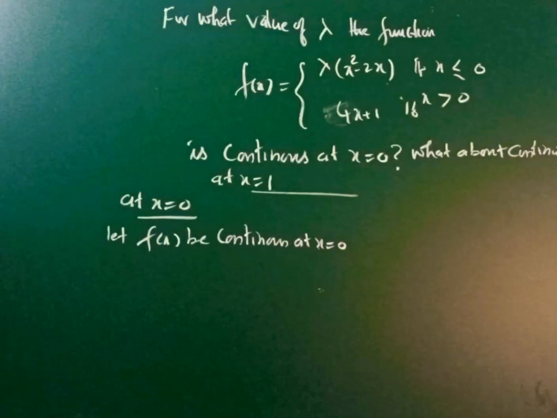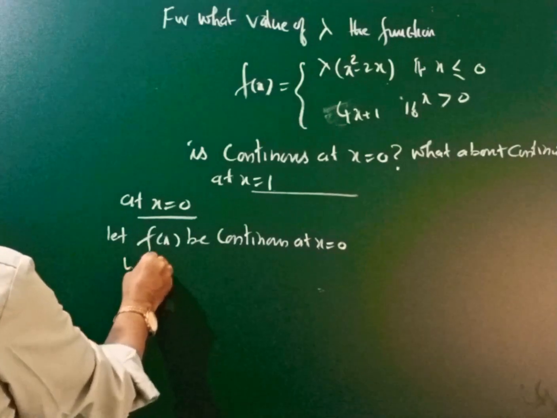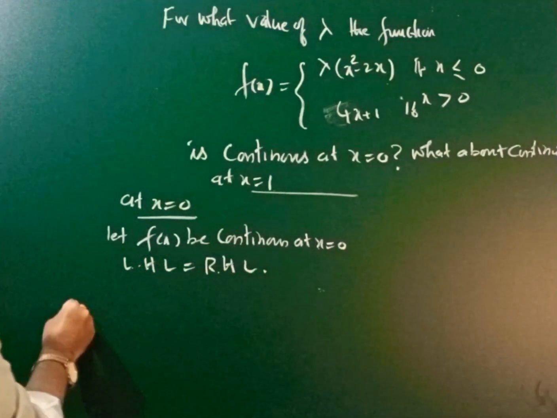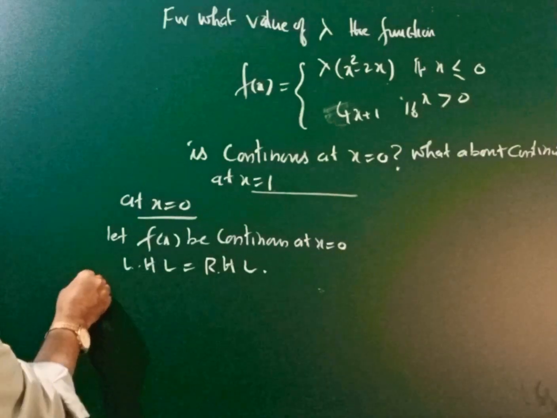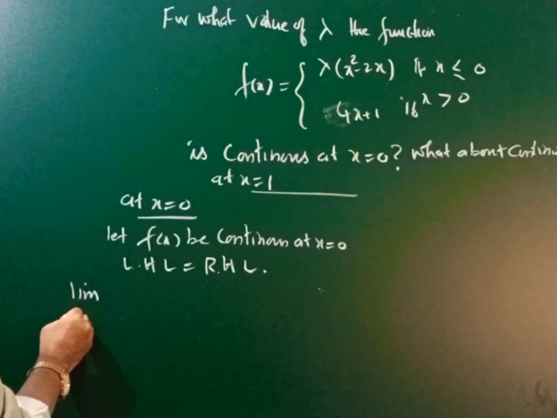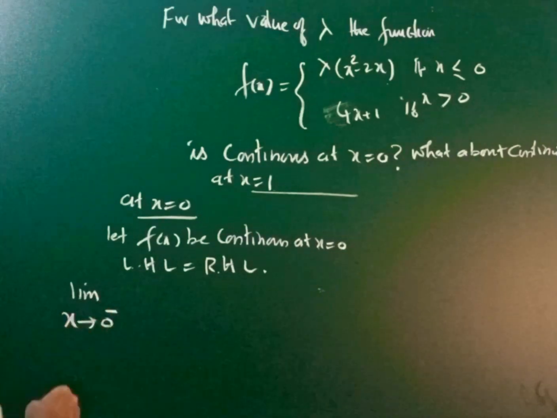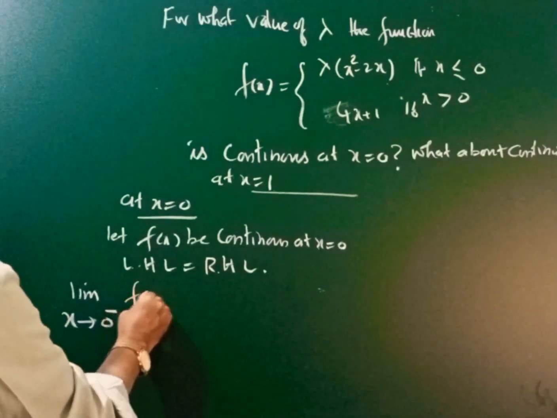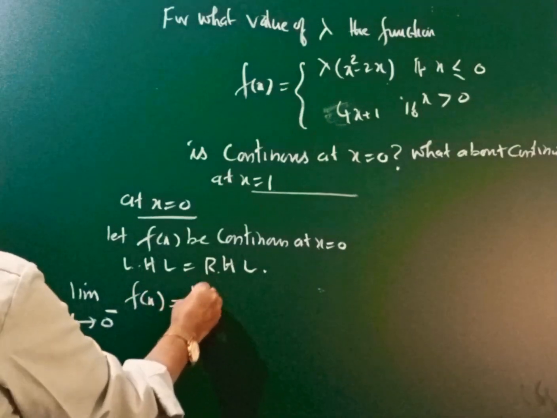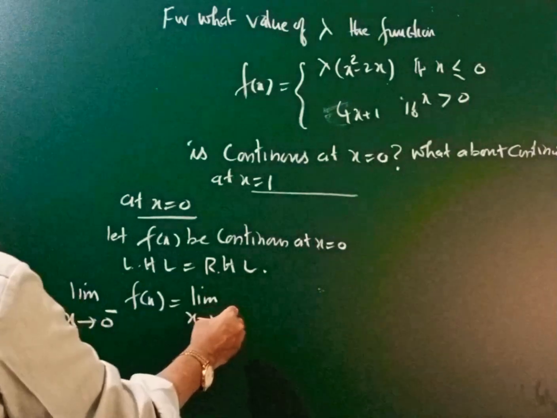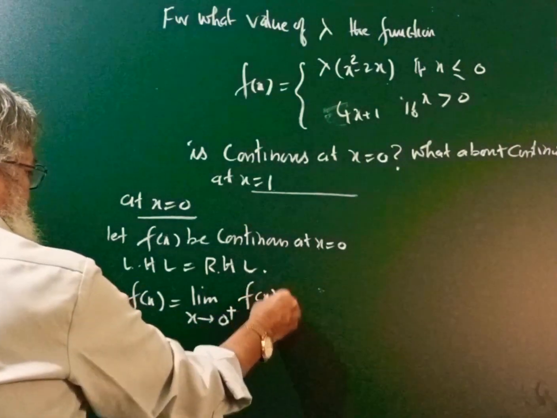When it is continuous, the left hand limit must be equal to the right hand limit. The left hand limit is given by limit x tends to 0 from the negative side of f(x), which must be the same as limit x tends to 0 from the positive side of f(x).